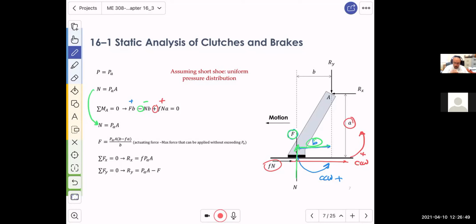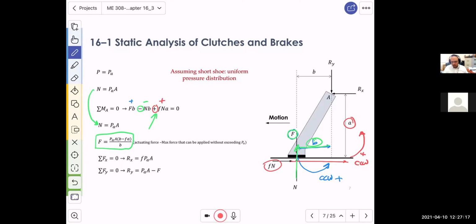So if you substitute N as PA in here, and then solve for F, you will end up with this force. Now, this is the actuating force, okay? That will generate the maximum pressure on that little tiny black frictional material, okay? All right.